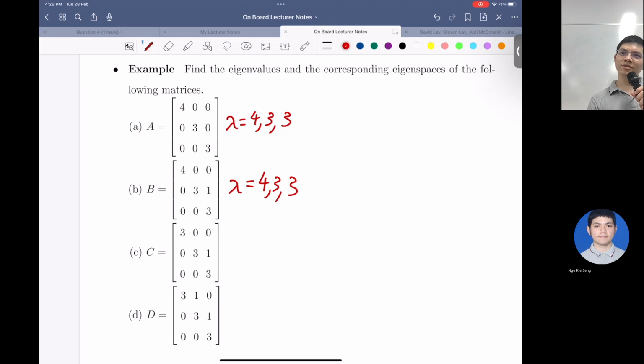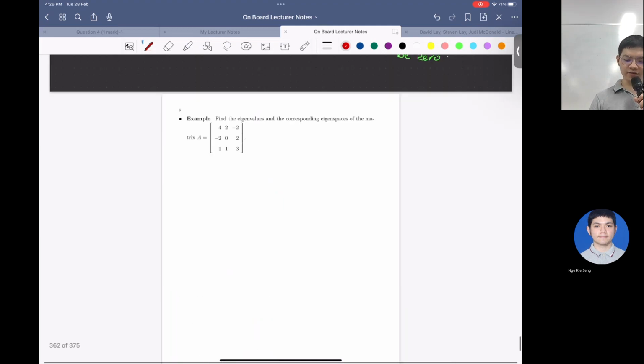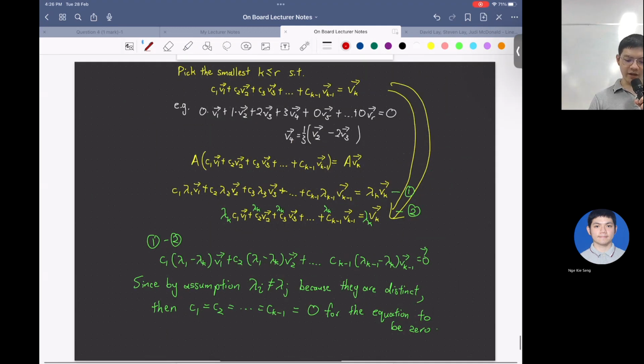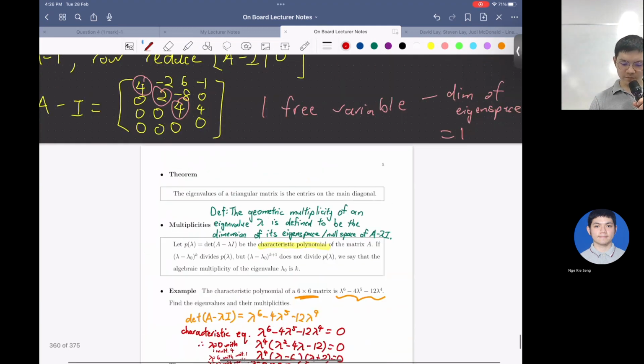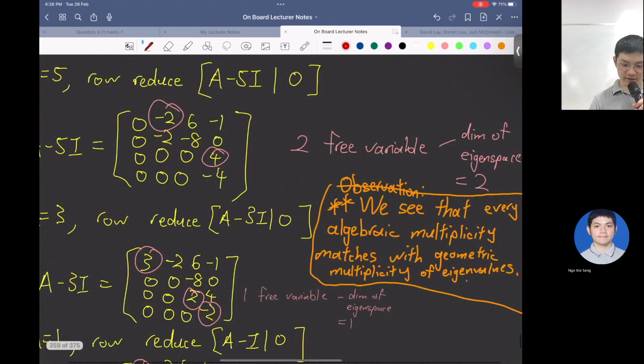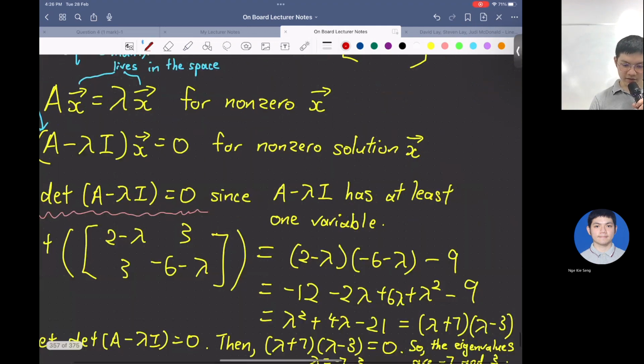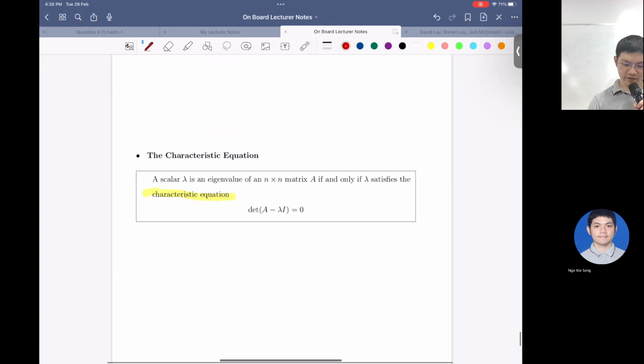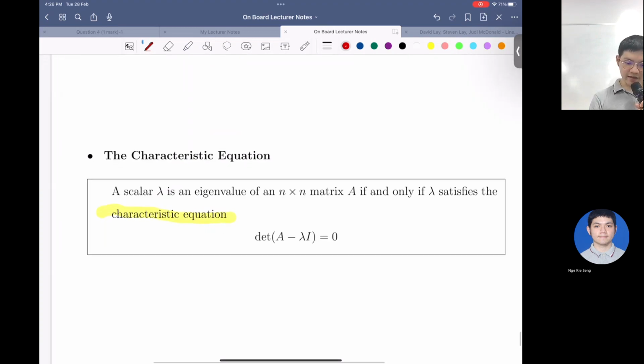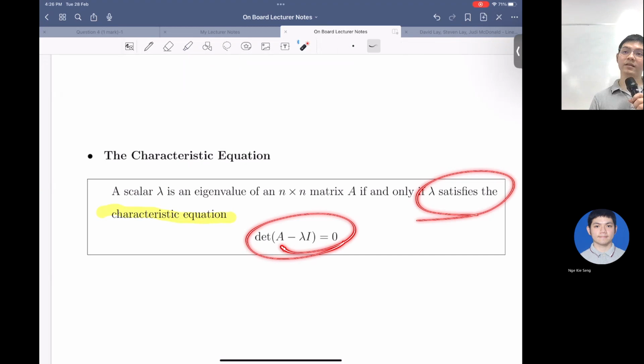Yeah, of course, but the definition of the characteristic equation is that lambda satisfies this polynomial here.